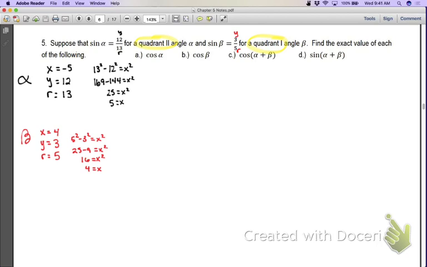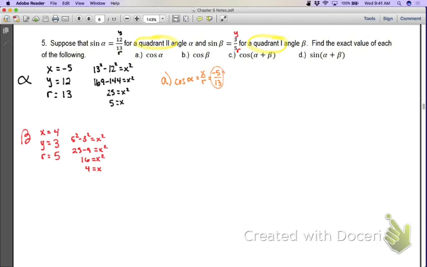But as far as part A, it says cosine of alpha. Well, what's cosine? If sine was y over r, what's cosine? X over r. So, what's my x value? -5. My r value is 13.